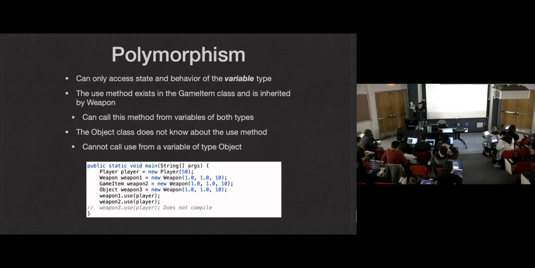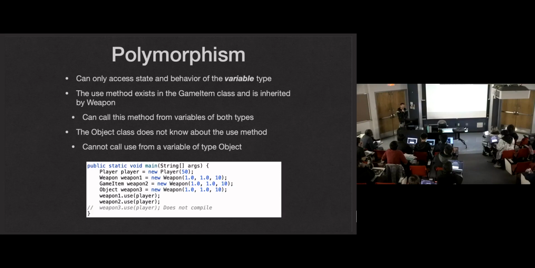Yeah. I think I missed something you said before. So your weapon 2 that's a type of game item, and weapon 3 that's type of object. But let's say they store the same object. So would those two objects equal each other, even though the variable types are different? Ooh, I gotta think about that one.